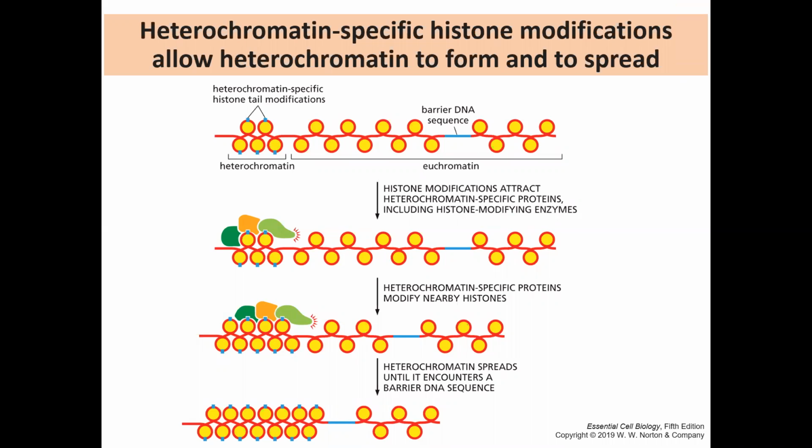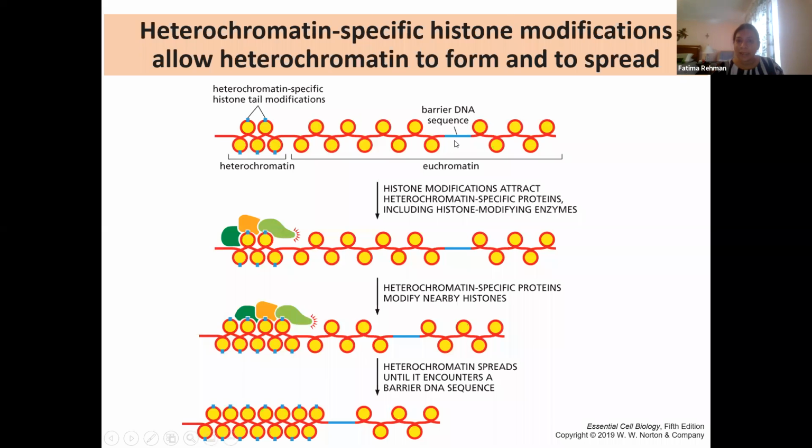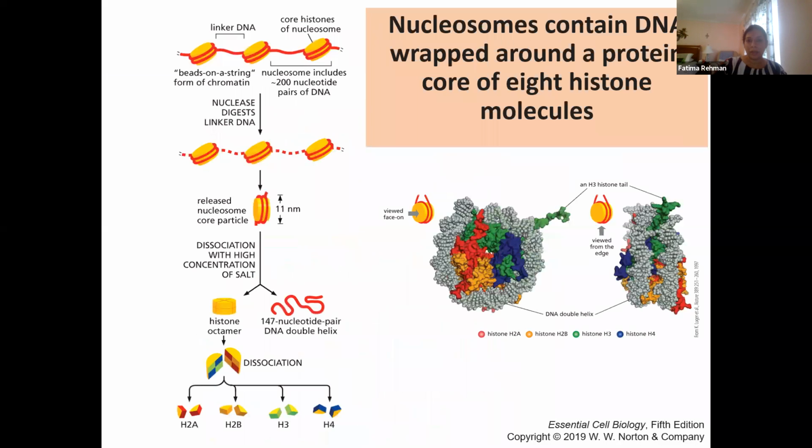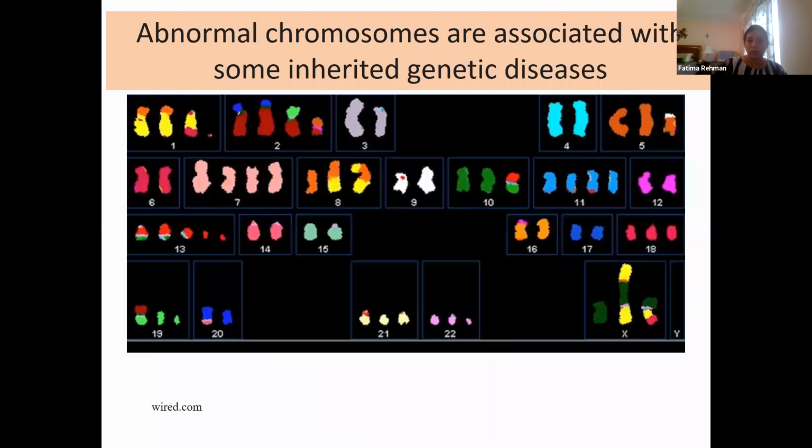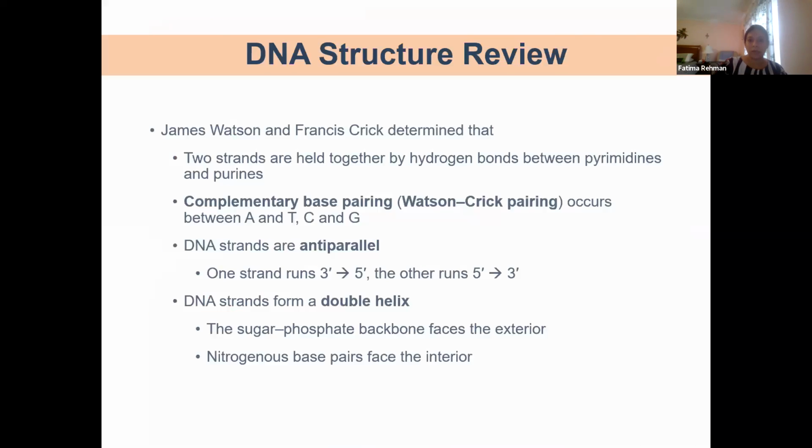Does that mean all the important genes are wrapped around these histones? Not all. Some housekeeping genes are always active, so they would most likely be in these barrier sequences or in open spaces where there aren't nucleosomes always bound. Even when you look inside the nucleus, and I may have a picture of that, maybe not.